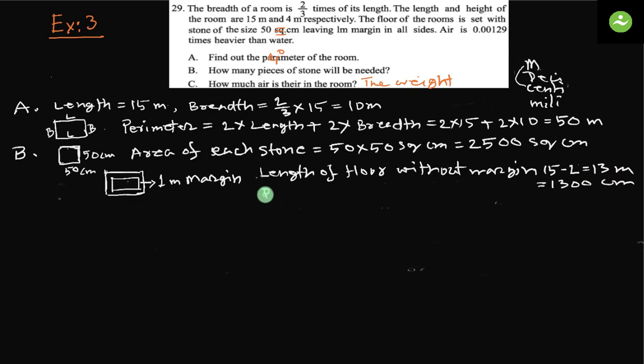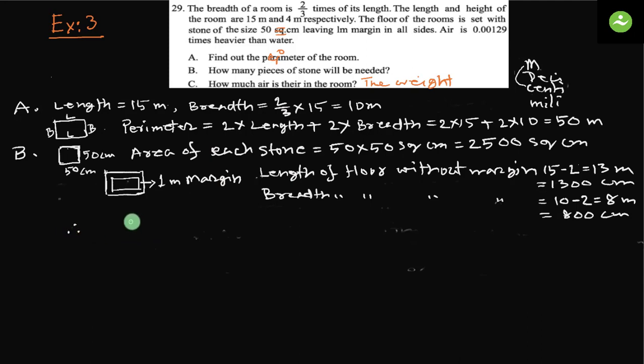Now breadth of floor without margin equals 10 meter minus 2 meter, equals 8 meter, equals 800 centimeter. Now that we got the length and breadth of the floor without margin, we can find the area.